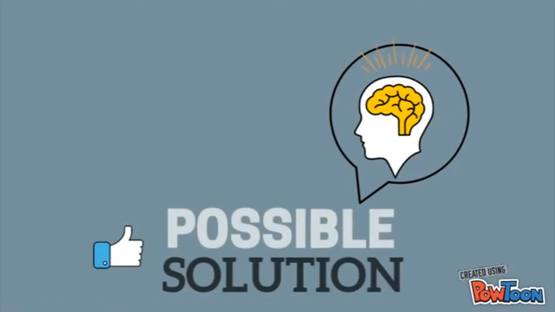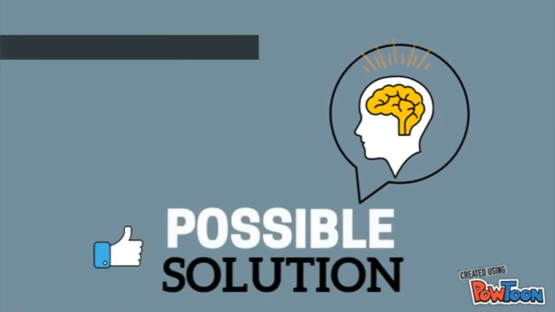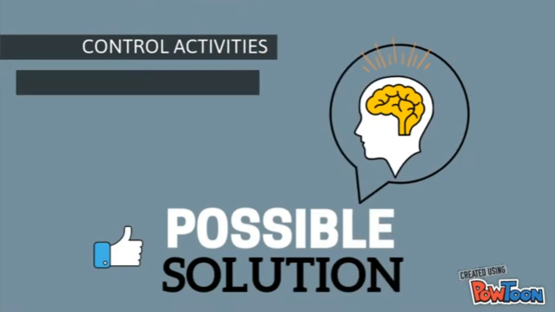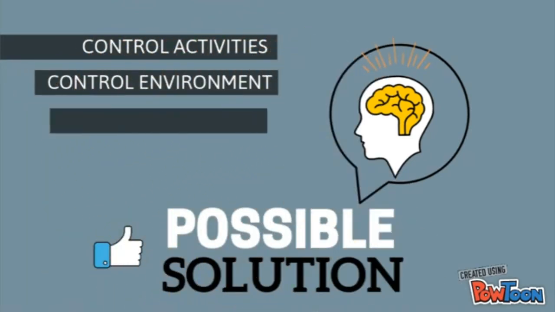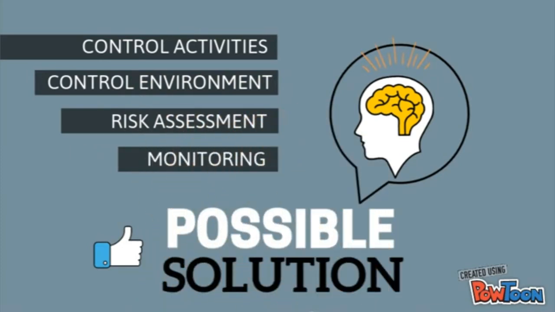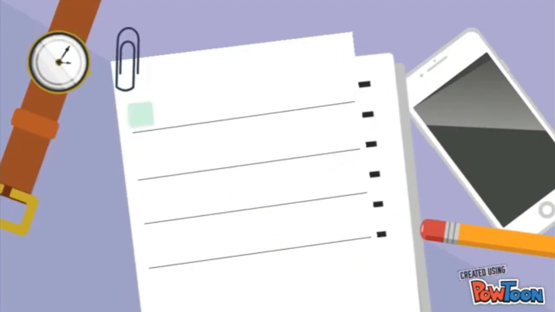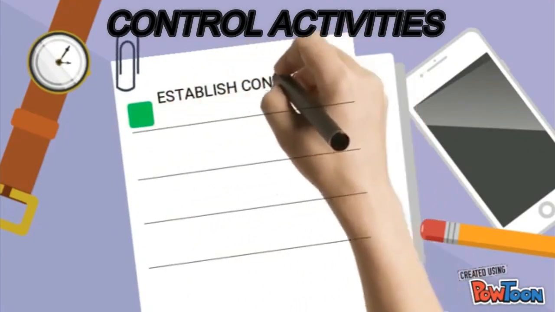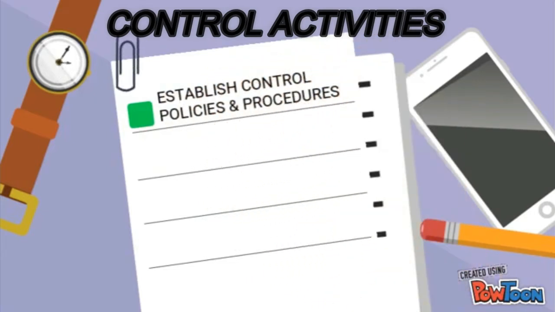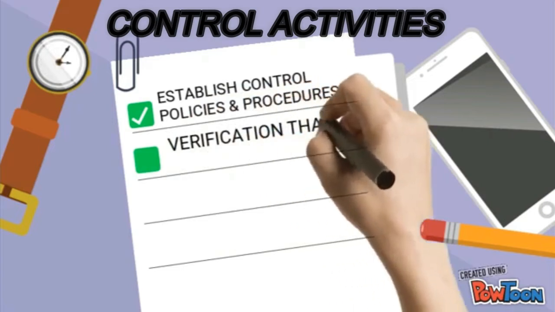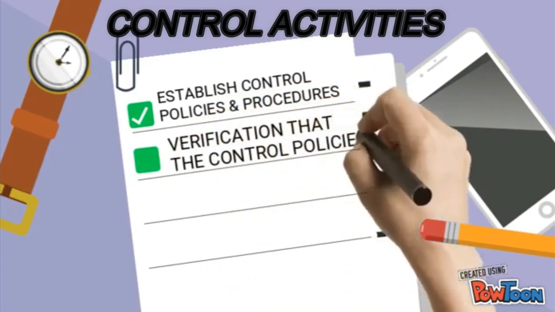So here are the possible solutions for each problem, which are control environment, risk assessment, monitoring, and control activities. Possible solutions for control activities are to establish control policies and procedures and make verification that the control policies and procedures are being complied with.